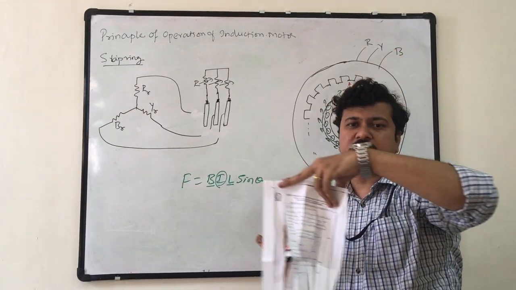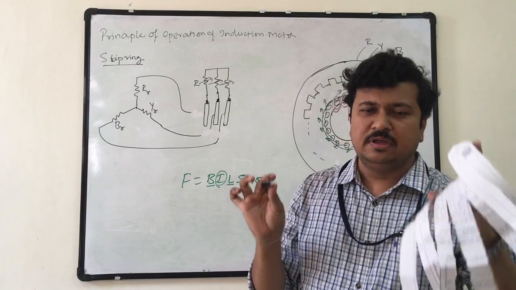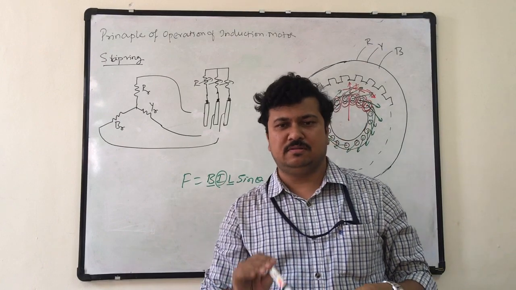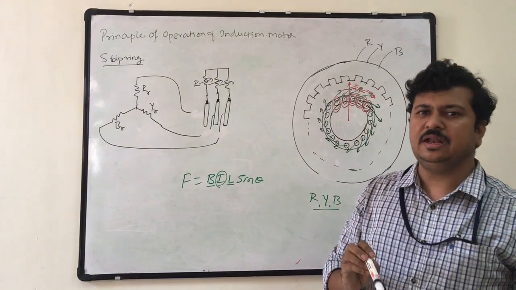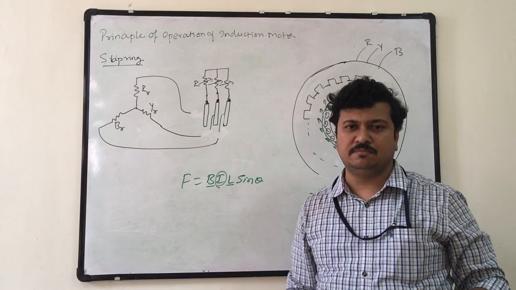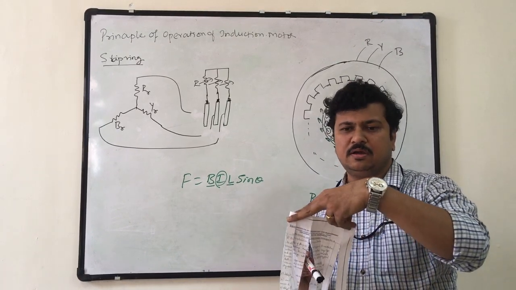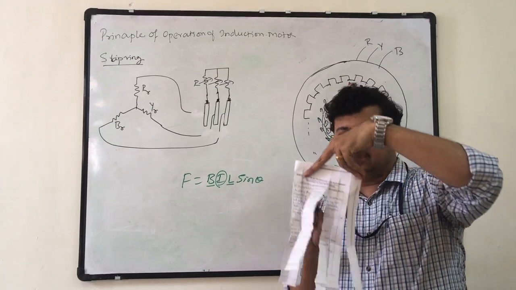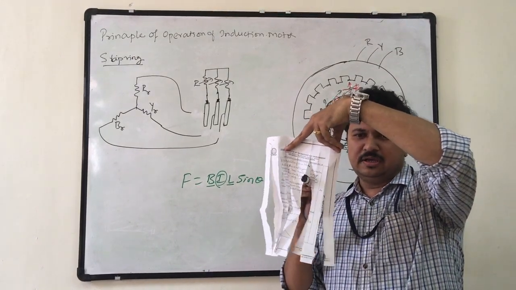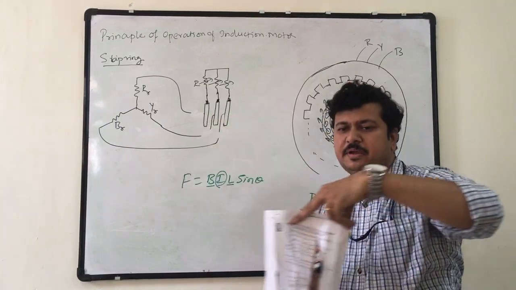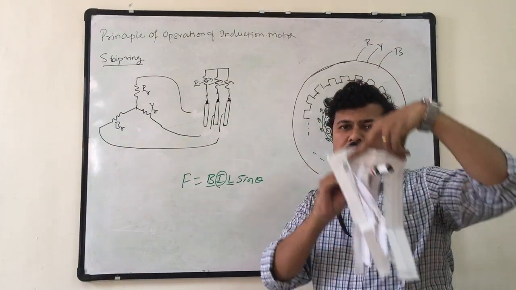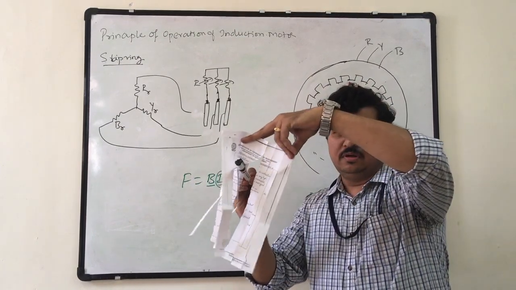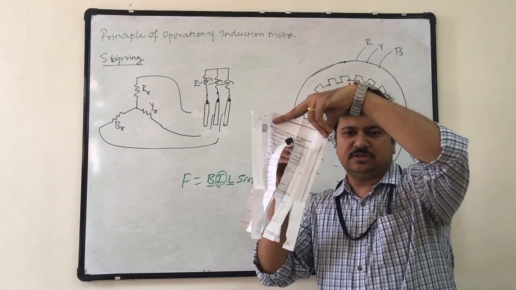No. When the speed becomes equal and the relative speed becomes 0, both are running at the same speed. So the relative motion is 0. Therefore, the flux cut by the conductor is 0.